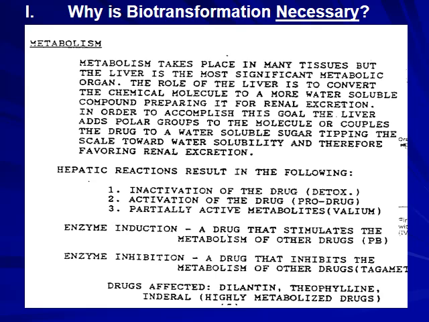On the other hand, there are certain classical inhibitors of hepatic enzymes. The prototype being Tagamet, which is known by its generic name of cimetidine. Cimetidine is a classic inhibitor of P450. And it's got a high incidence of drug-drug interactions associated with it.